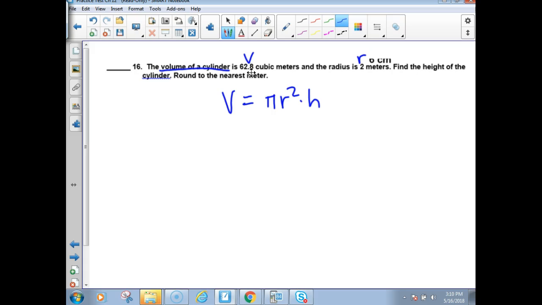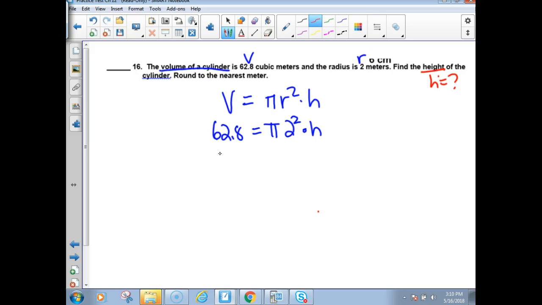What are you given? What do you know about a formula for volume? Now substitute in for V, 62.8. I have pi in my formula. I have to put in 2 for R. And there's H in my formula. They want us to find the height.